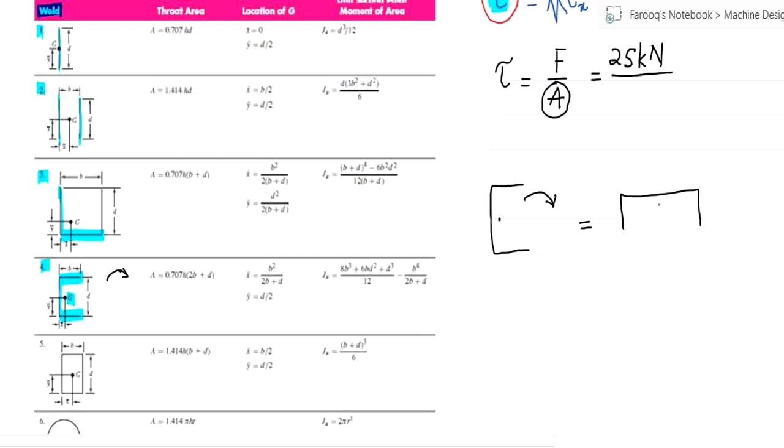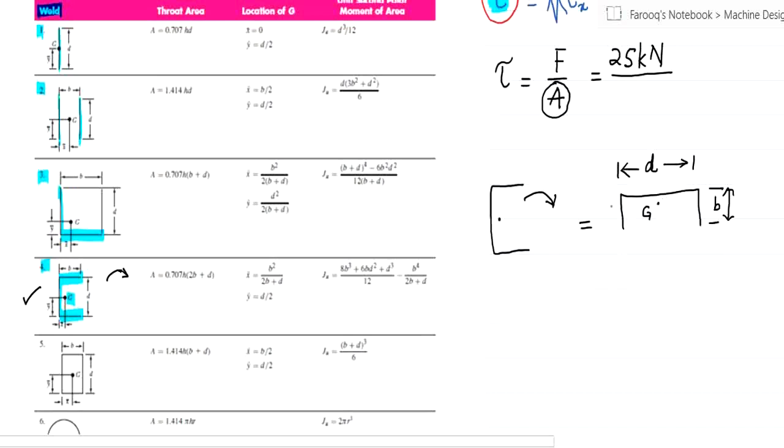And now we can see that this point is called G, which is the centroid of this weld. This side is B and this side is D, as you can see in this fourth type of weld.